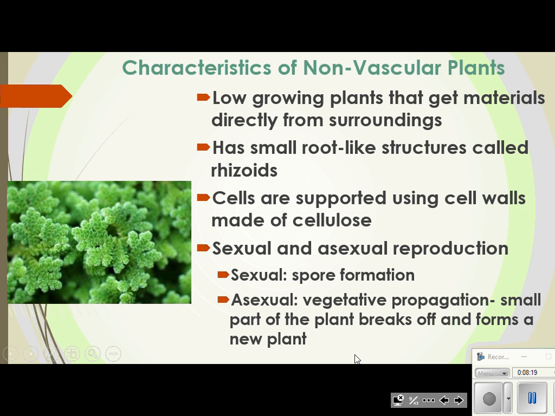Now, obviously, let's stop and think. Am I going to break off a small part of a tree and plant it and it's going to grow? No, it doesn't happen like that. But certain plants I can break off a part. I've got rose bushes now.